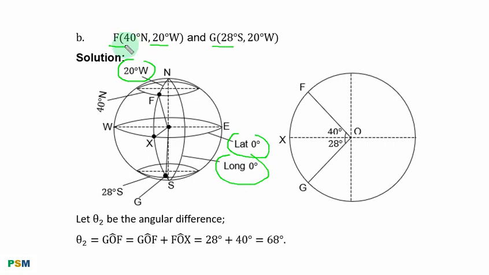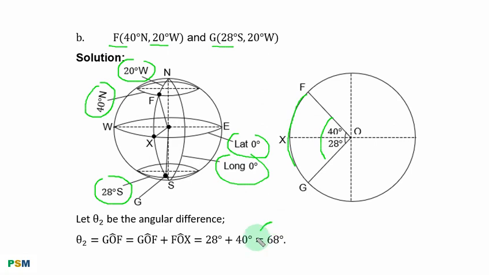We have two latitudes on different sides. So to the upper side of the equator, you have 40 degrees north, to the lower part, you have 28 degrees south. So from F to G, you have a minor arc in this form, and the angular difference is the addition of the two angles.